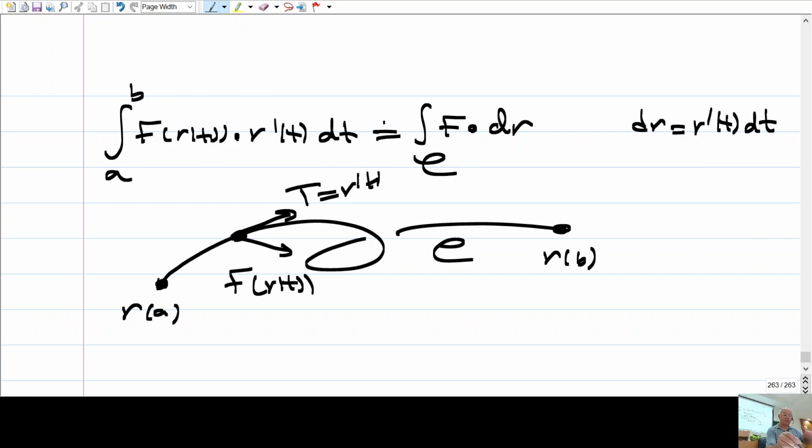Suppose t represents the time, so time starts from A and ends at B, and during that period of time, you pull this object from the point RA to RB, and you do work, right? And the work done is just this integral, and we simply denote it by this notation. So this notation means just this integral.